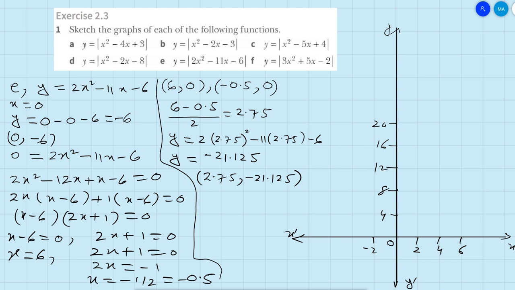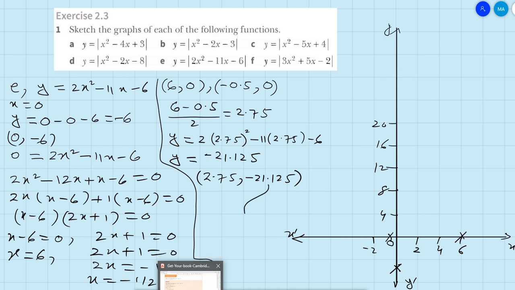First we plot 0, minus 6. The second one is 6, 0. The third one is minus 0.5 and 0. This is 0, this is minus 2, this is minus 1, and this should be minus 0.5. And the last one is 2.75, minus 21.25.